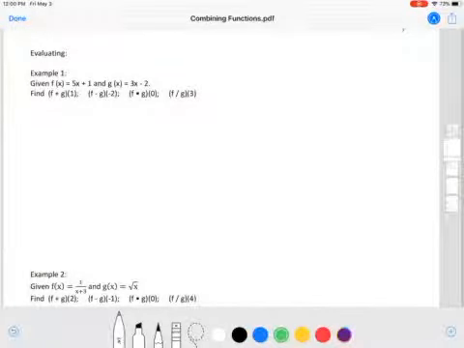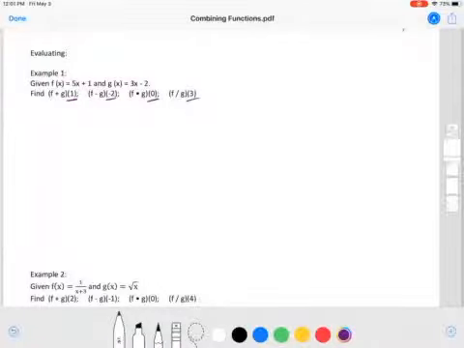In this video, we're going to talk about evaluating combinations of functions. In the previous two examples, we actually found functions such as f plus g of x. Now we're going to actually plug something in for x. If you notice, in the examples that we're about to do, they all have a number here instead of x.